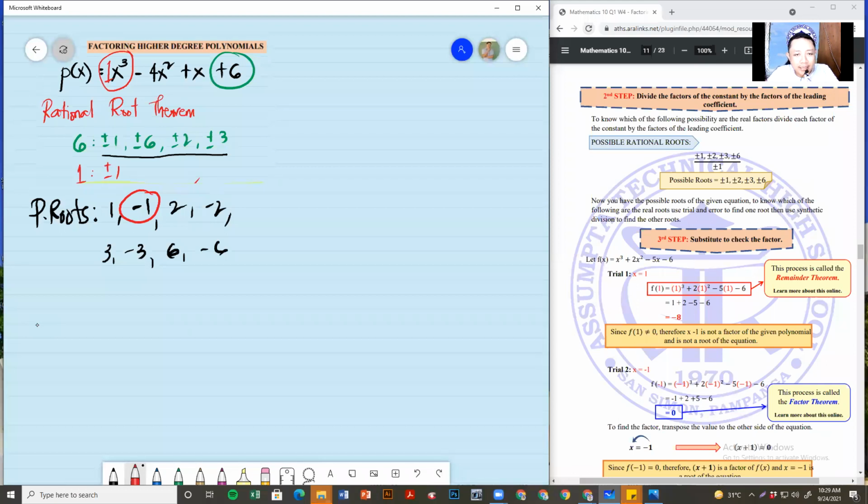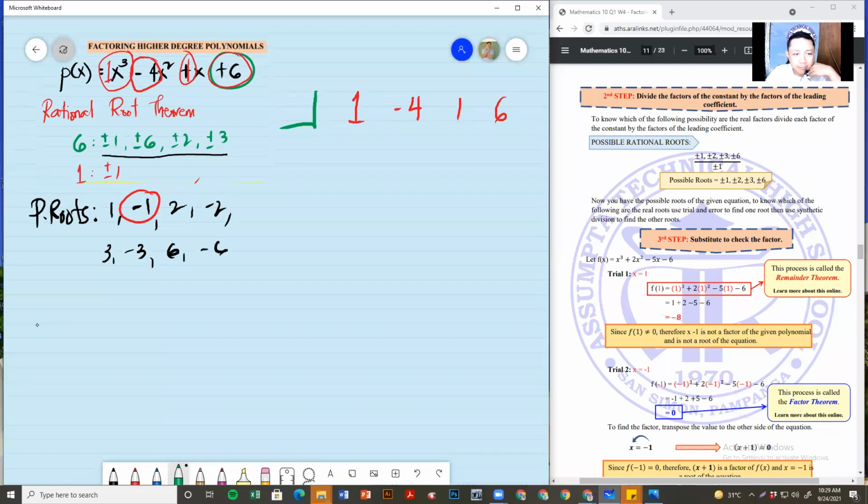Let's do it. Let's get all the coefficients. And those are 1, -4, 1, and 6. Those are the coefficients of your given. Negative 4, 1, and 6. 1, negative 4, 1, 6. And of course, don't forget to write your value for x.